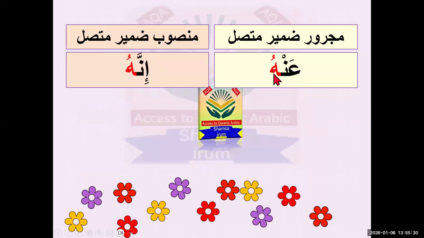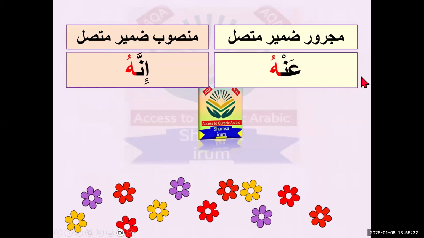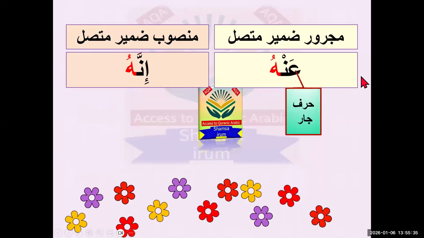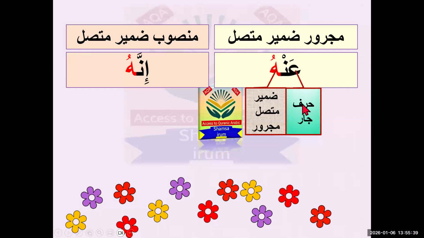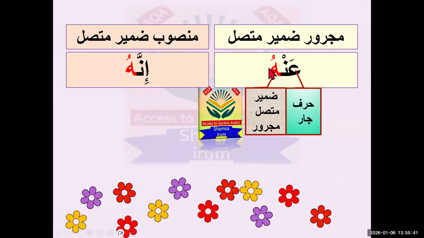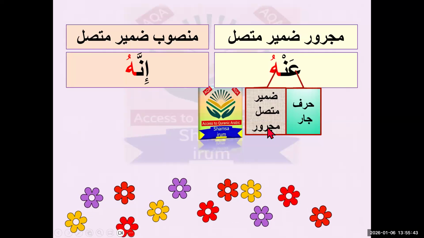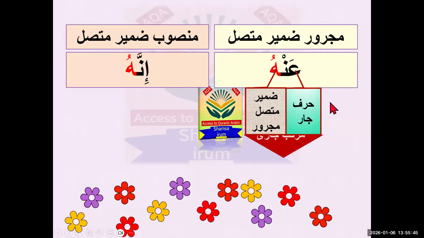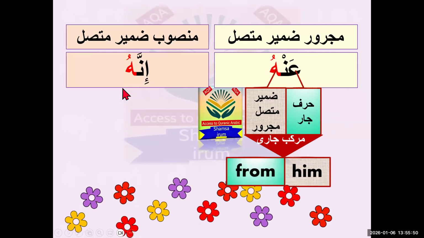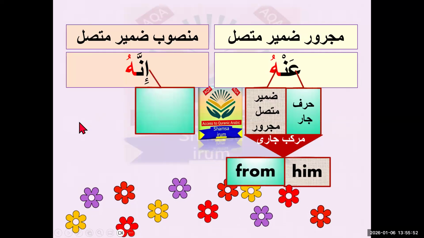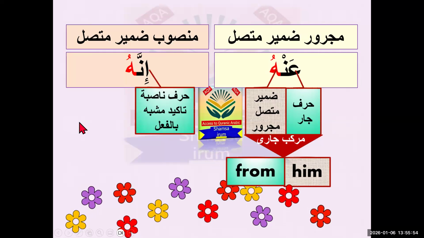All right. Anhu is there. Hu damir is majroor because an is a harfu jar, and this zamir mutasil is used as majroor because of the harfu jar. That's why this zamir mutasil becomes majroor here. It makes a murakkab jari. Translation is: from him. On the other hand, innahu. Inna is harfu nasiba mushabih bil fail.